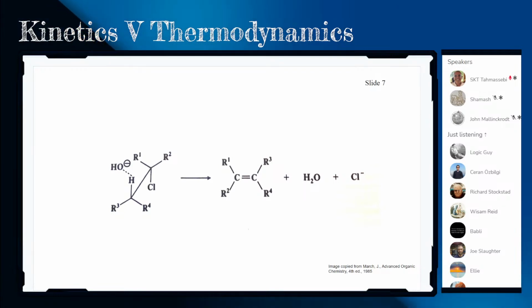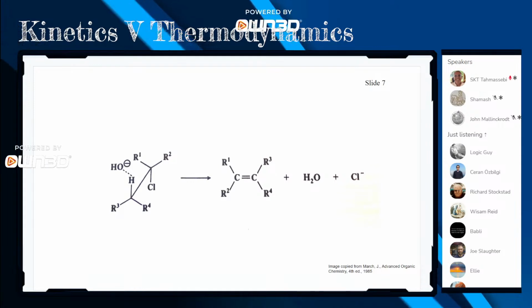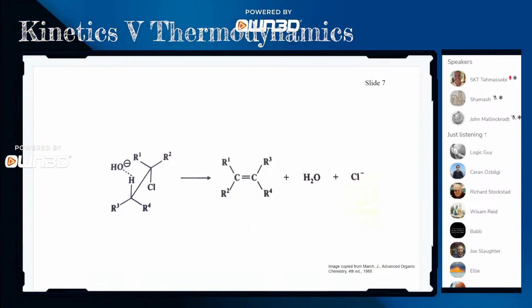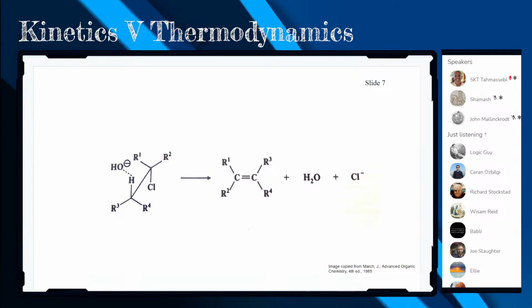How does it do that? On the left, OH minus, that's our base, right? The hydroxide ion comes and plucks the proton that we see is connected to the O with the dashed lines, plucks that, leaves the electrons in the bond between H and carbon there. So that solid line stays there. That solid line kind of falls over to the solid line that's connected to the carbon with chloride.